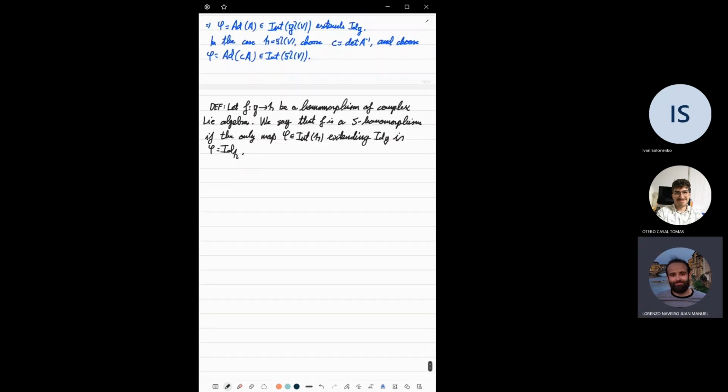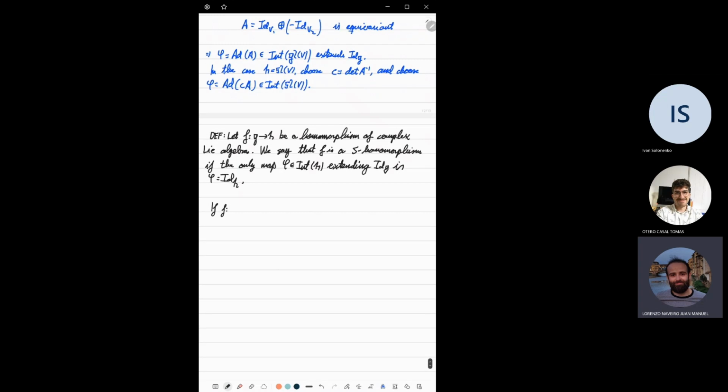So if F is an S homomorphism, suppose that alpha is an inner automorphism of G, and suppose that we have two extensions of this alpha. So suppose that alpha extends to, say, alpha prime and alpha second.